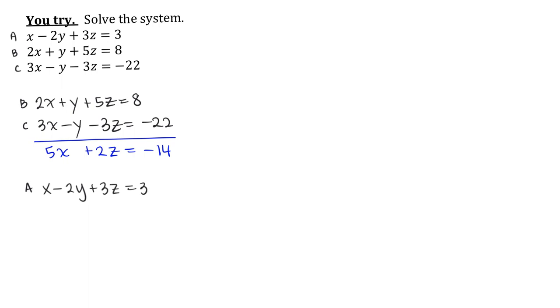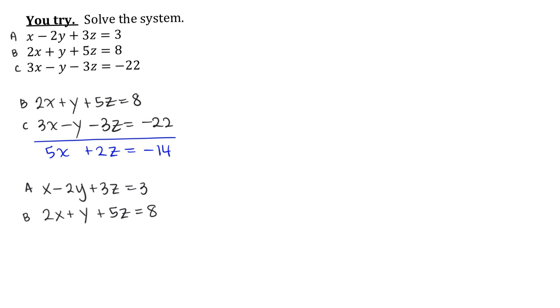Okay, and then because I canceled the y's out, I have to cancel the y's out again. So if I want to cancel negative 2y out, it's up to you whether you think that this equation or this equation will be easier to cancel out. For me, I'm going to use B, just because the number at the end was smaller. If you do it differently, we will get the same answer at the end.